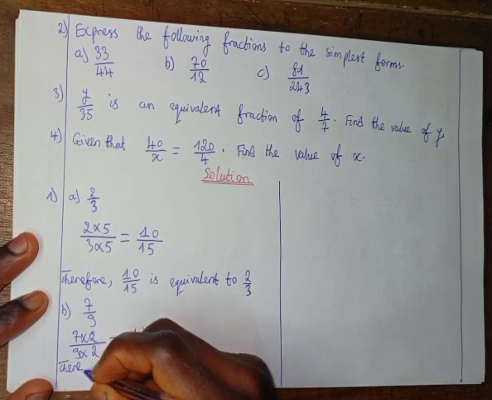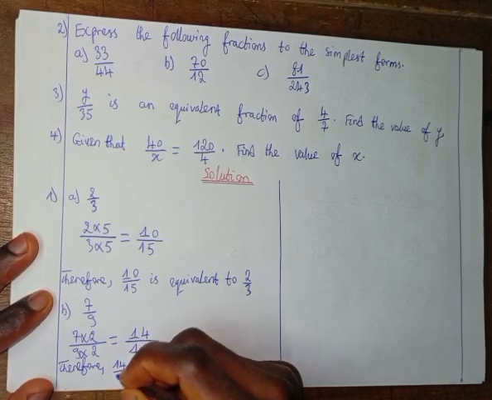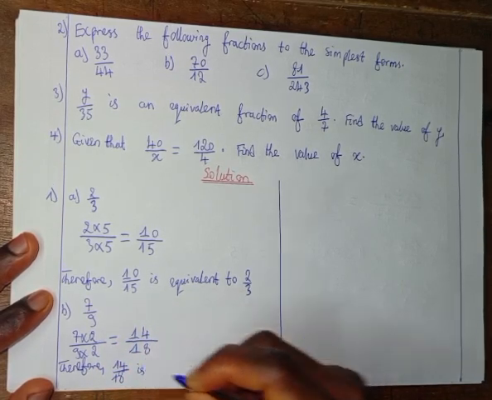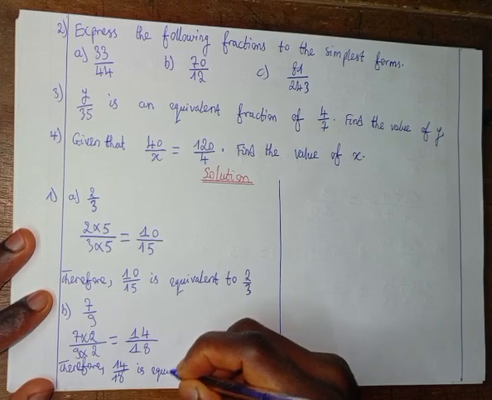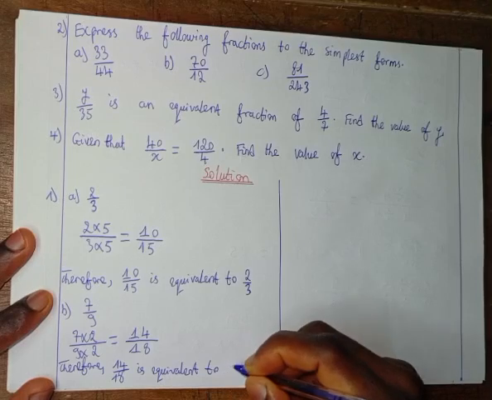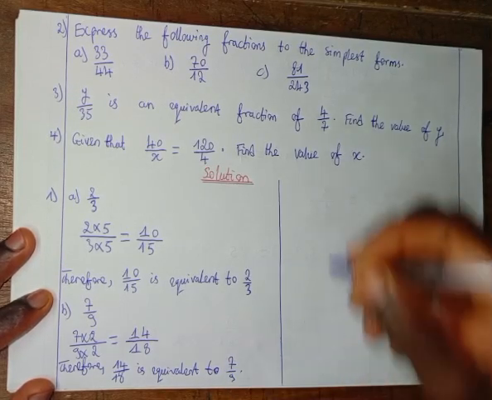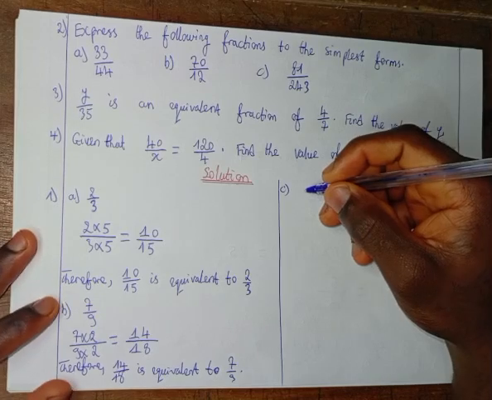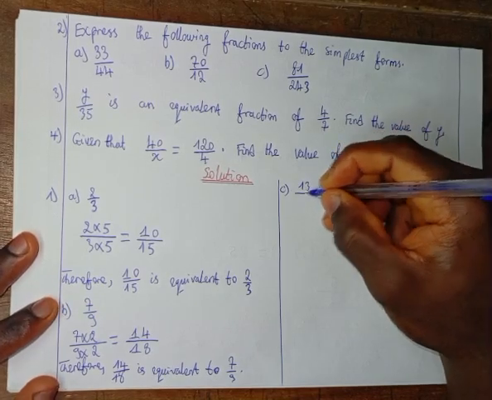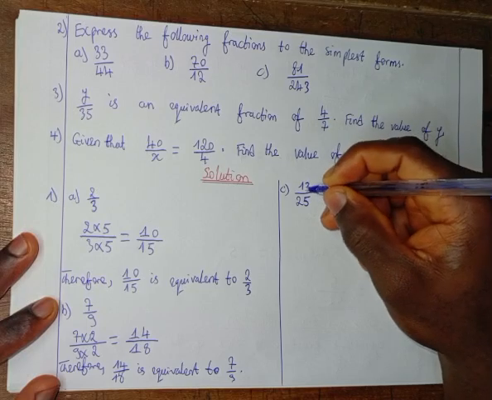Therefore, 14 over 18 is equivalent to 7 over 9. For C, we have the fraction 13 over 25.